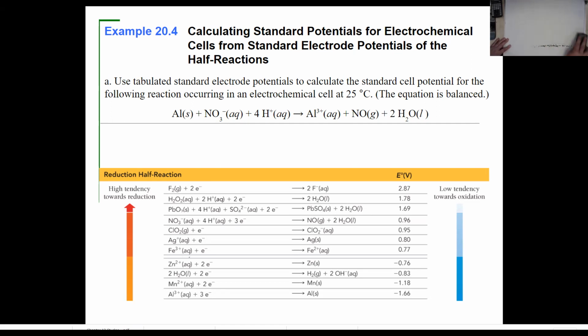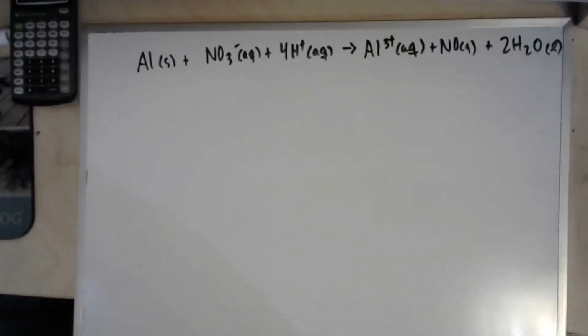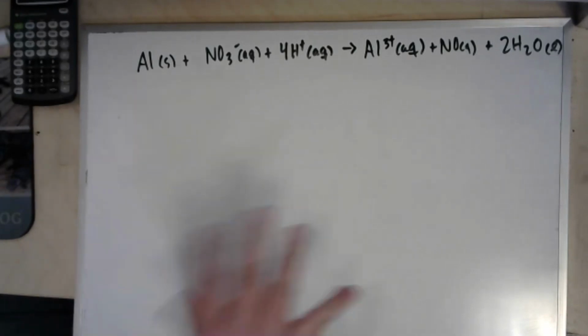And we have to use our reduction potential table from our textbook to figure out what the standard cell potential is for the following reaction. Okay, so let's write down the reaction. Okay, so this is our overall reaction.